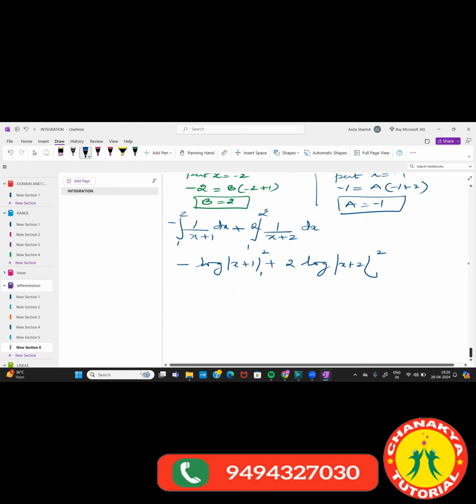Now just put the values. So here you will put, this is minus sign. You can write like this: log (2 plus 1) will be 3, minus log 1, log 2. Right, beta? Plus 2. Now put, it will be log 4 minus log 3.